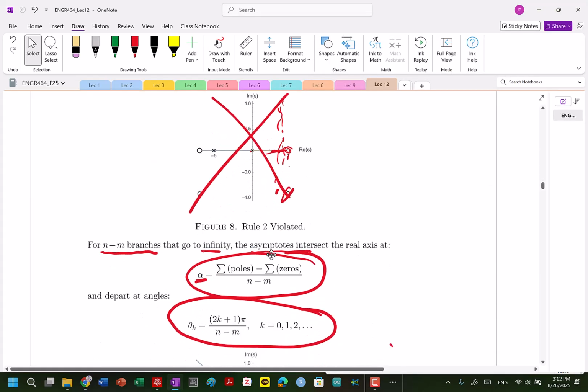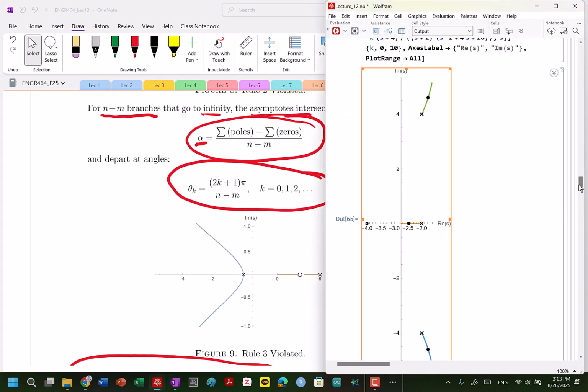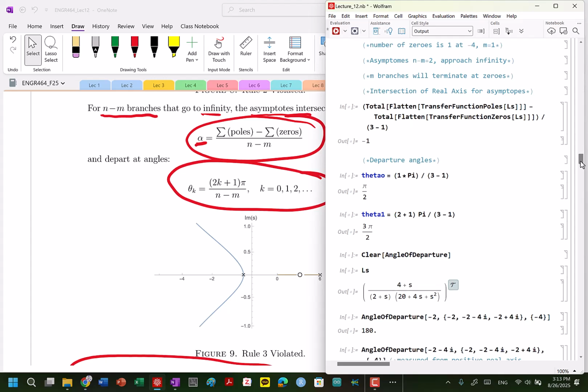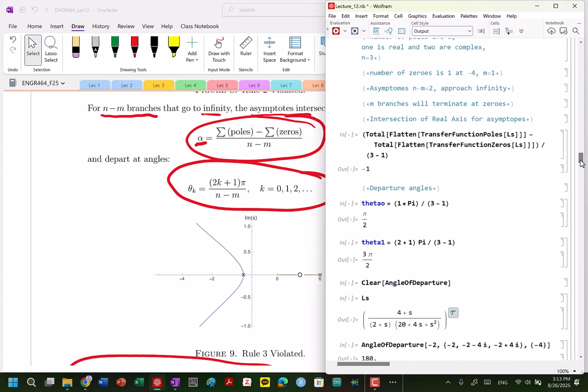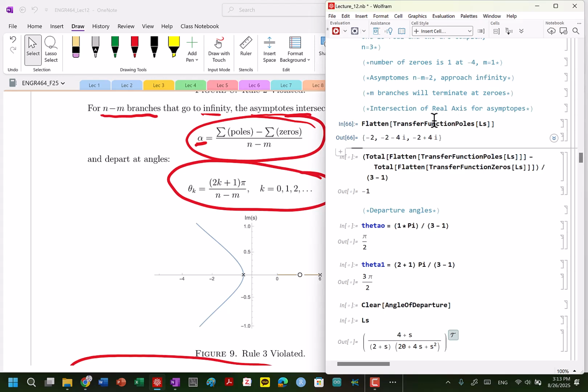Asymptotes, branches going to infinity. Now here's where things get a little bit nasty. Let's calculate this centroid. Our centroid is going to be the sum of the poles minus the sum of the zeros, and we can see this here, divided by n minus m, or 3 minus 1.